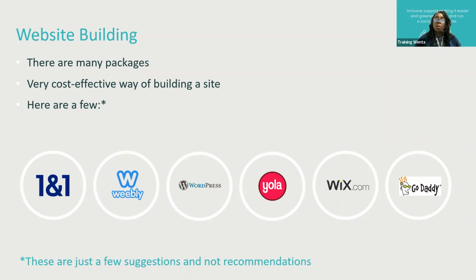The popular ones are WordPress, Wix, and GoDaddy. 1&1 is still very popular. It's an American firm. But you can decide which one you want to use. GoDaddy does websites, domains, hosting, the whole package really.